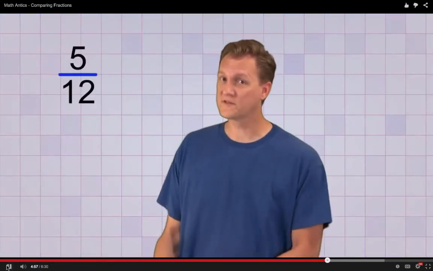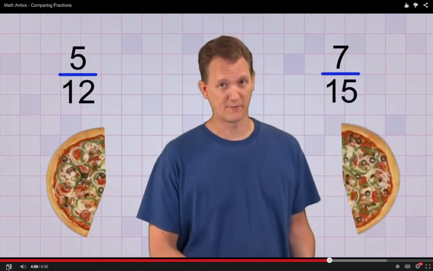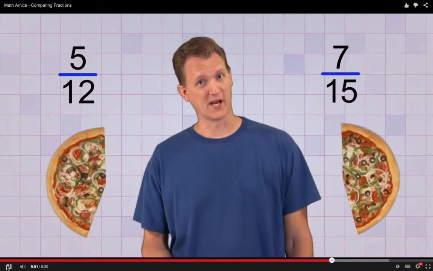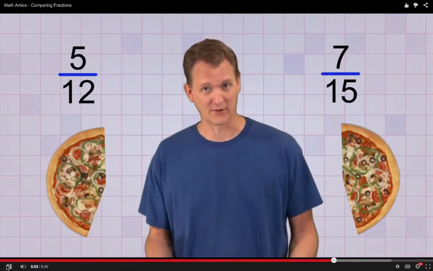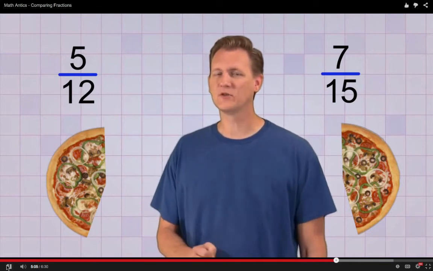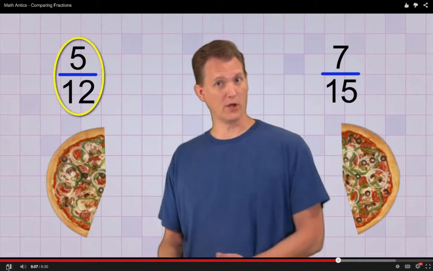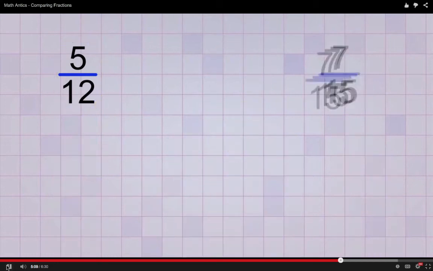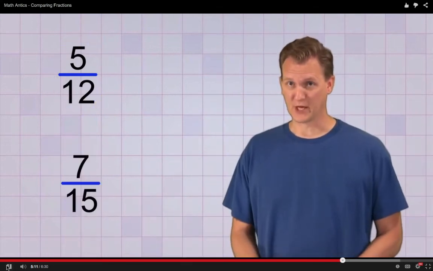For example, let's say I offer to give you either 5/12 of a pizza or 7/15 of a pizza. Now you happen to be really hungry, so you want to choose the biggest amount. But it's not very easy to tell just by looking which is bigger, 5/12 or 7/15. This is where decimal values can really help you out.